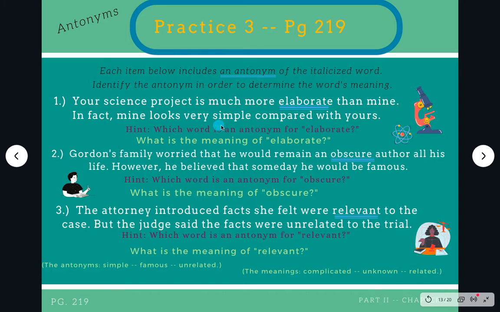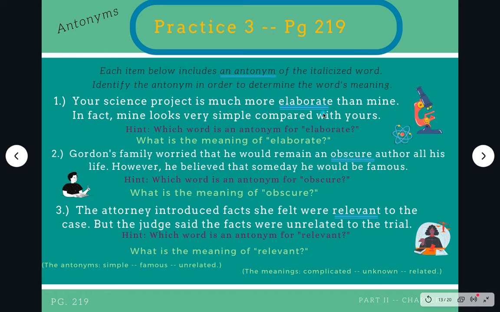And clearly the word simple is the opposite, the antonym of elaborate. So that's going to help us, right? So the first part is, what word is the antonym for elaborate? Well, it's simple. And then that helps us figure out, okay, well, what does elaborate mean then? Well, it probably means complicated or fancy or complex, right?